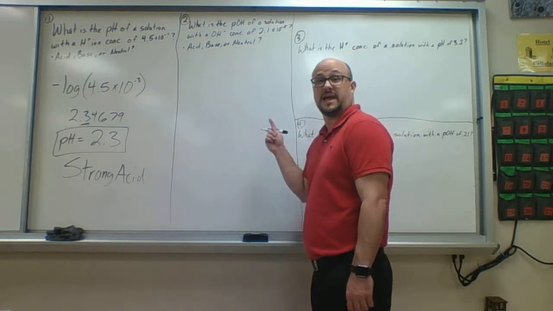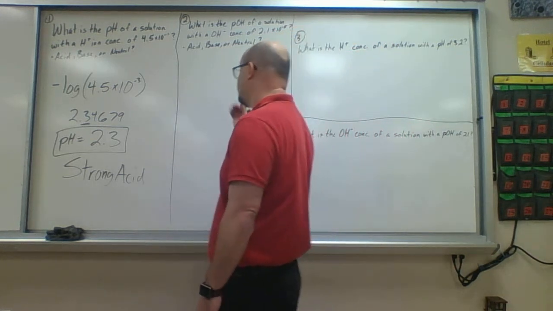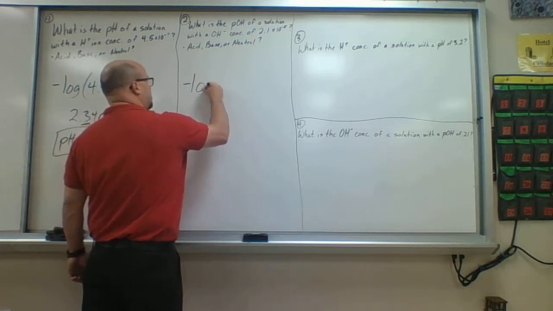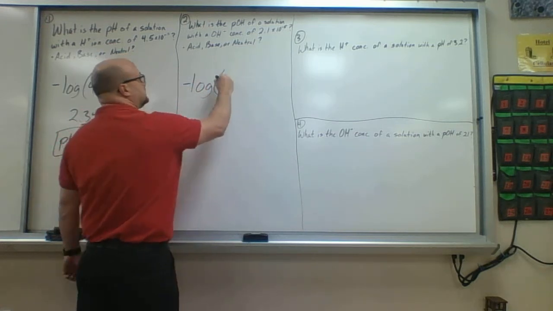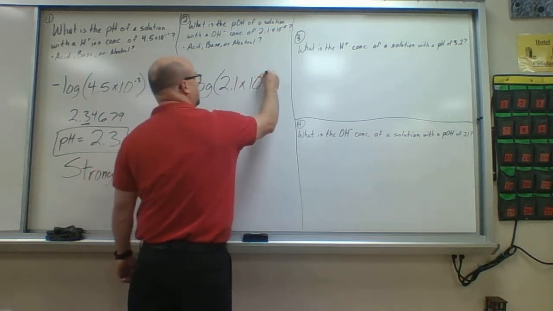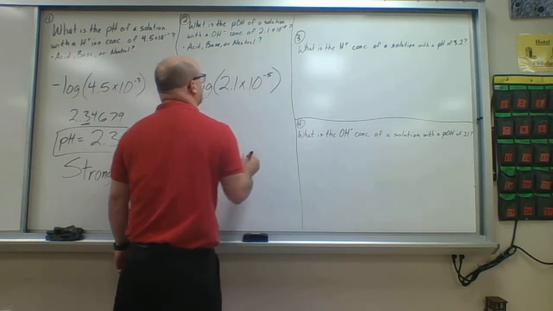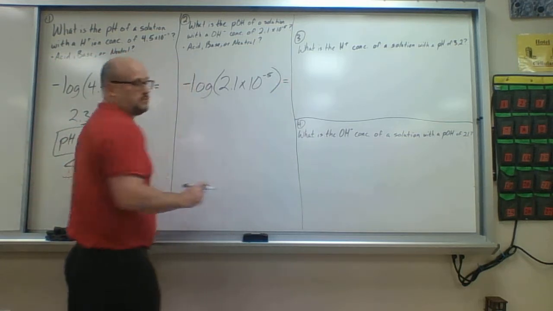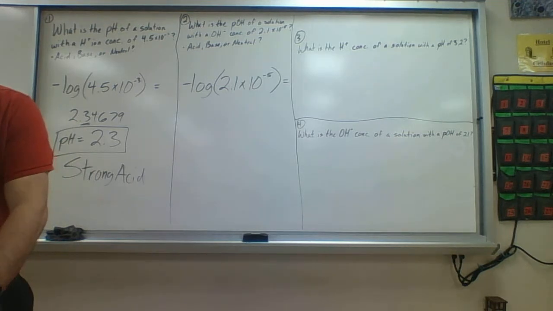And again, is it an acid, a base, or a neutral? We're going to use the same formula, negative log of 2.1 times 10 to the negative fifth. And plug that in our calculator.